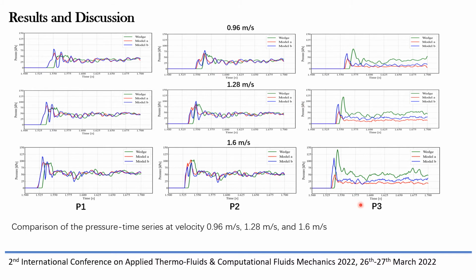But at P3, position 3, overall model A has the lowest pressure here, as you can see, the red one, and the wedge has the highest pressure here.